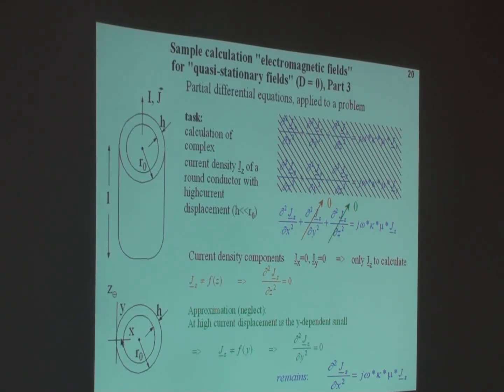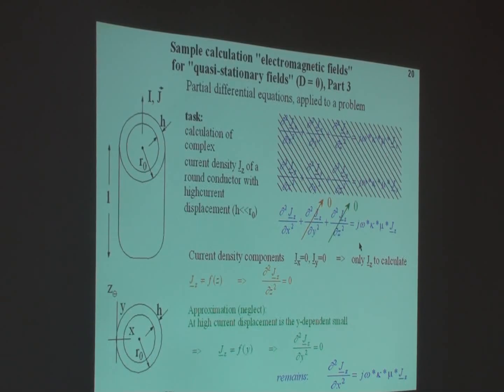We have a very big conductor in y, and so we have no derivative in y. So we get a normal differential equation we can solve with methods from mathematics studies. We have one complex differential equation of the complex current density in z direction.